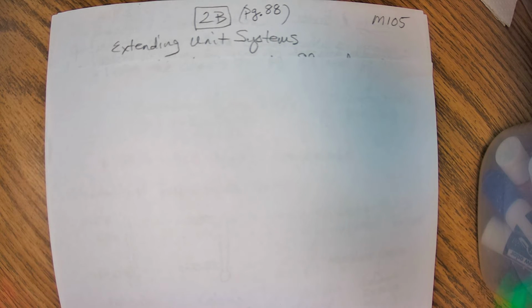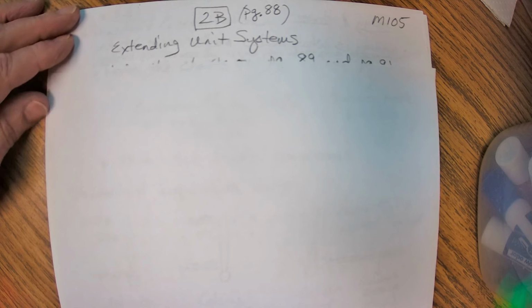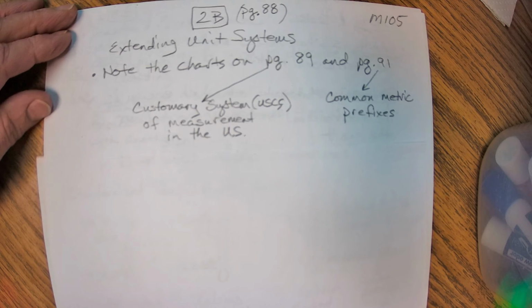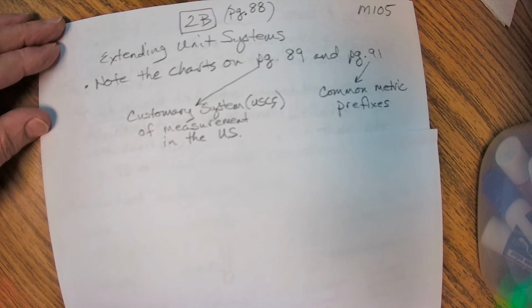Okay, this is the third section for contemporary math for week 1, and we're going to be extending unit systems and unit analysis that we started in the last section. There's a lot of charts in this section in the book.